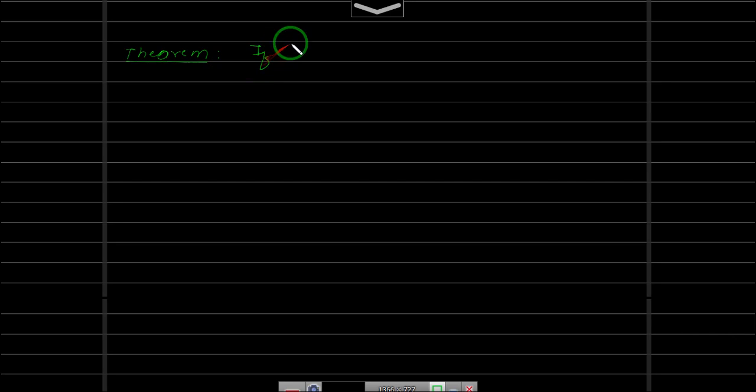So if A is a subset of R with usual topology and A is connected, then A is an interval.